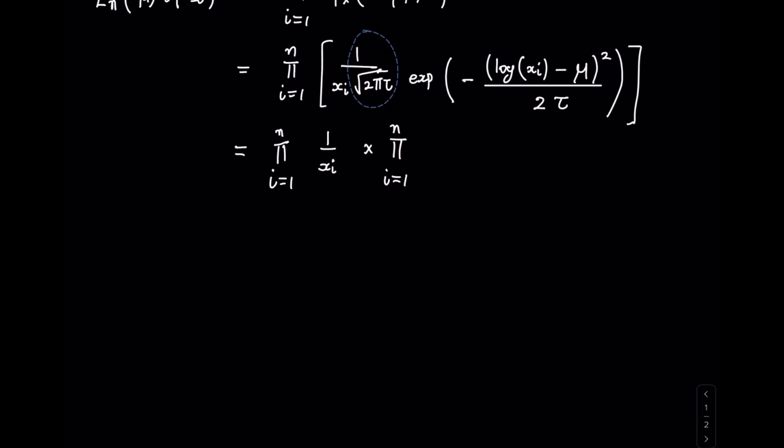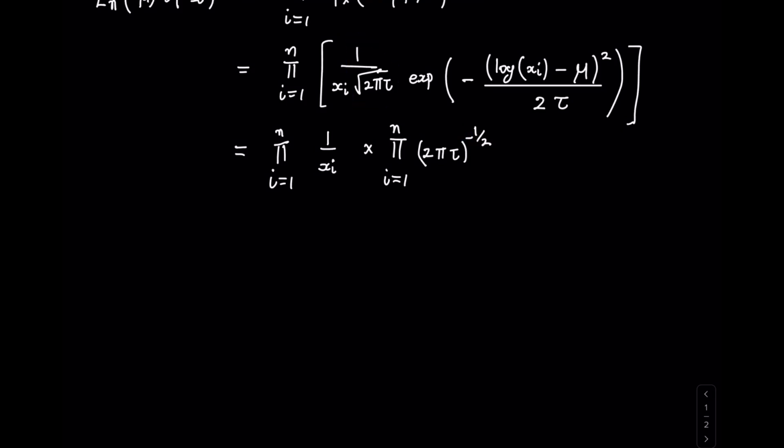For simplicity, this can be rewritten as 2 pi tau to the negative 1/2. The half giving you the square root, but the negative making it 1 over the square root.